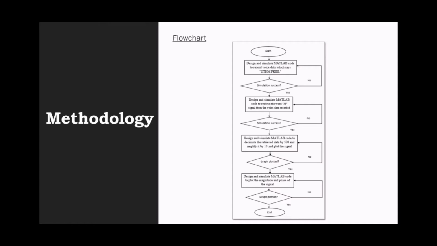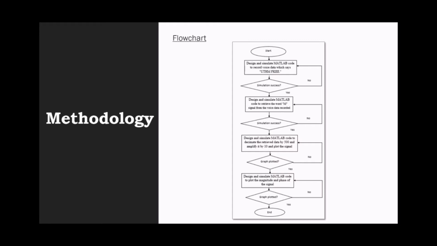For this part, we need to find the word M from the 5 seconds of the total UTHM FKE. After that, we need to simulate the signal.